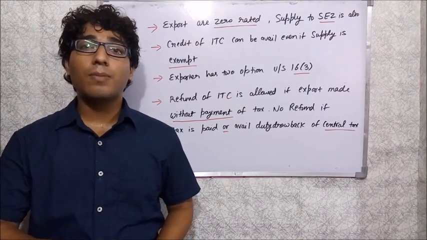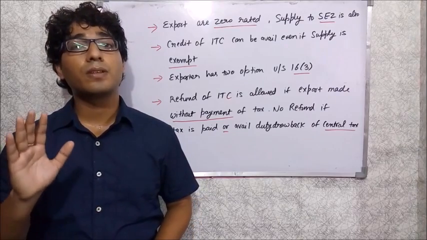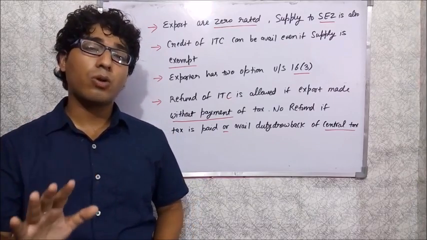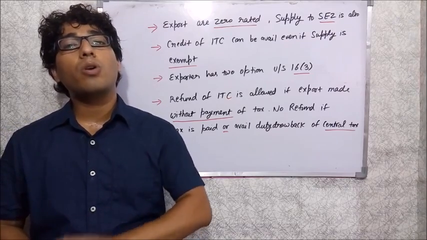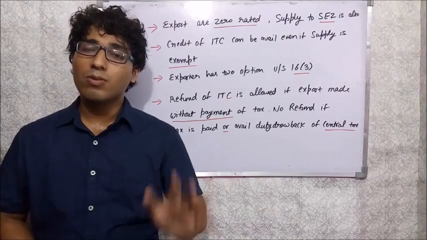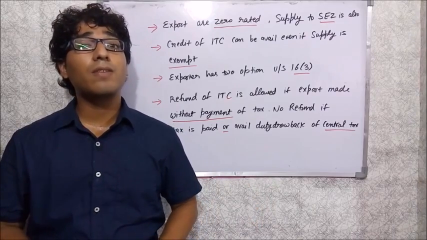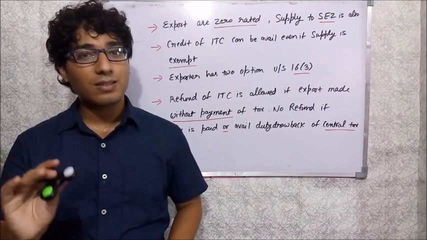If an item is contained in Section 17 subsection 5, you cannot take the input tax credit of it. But if the input is not in Section 17 subsection 5, then you can take the input tax credit of those items even if your final product is exempted.